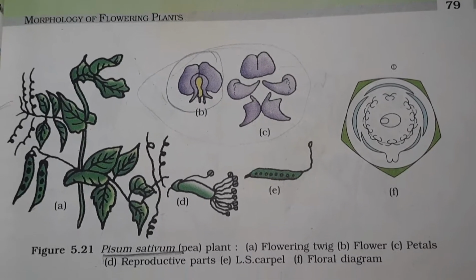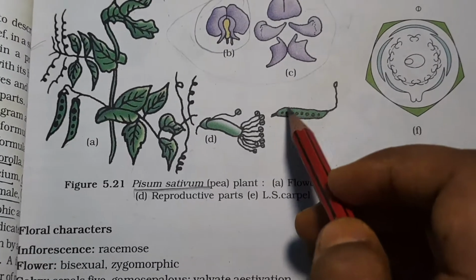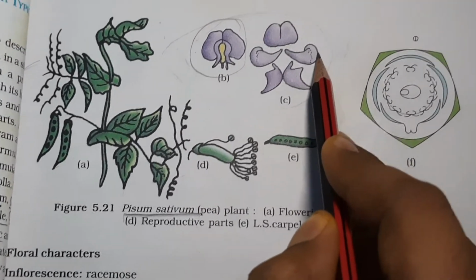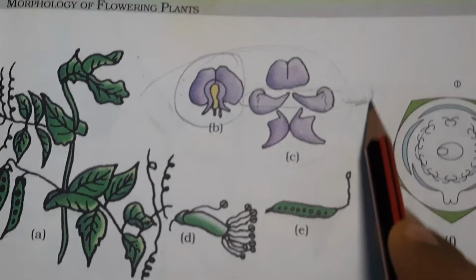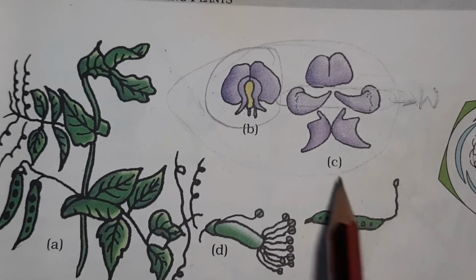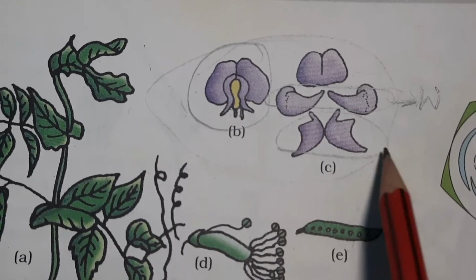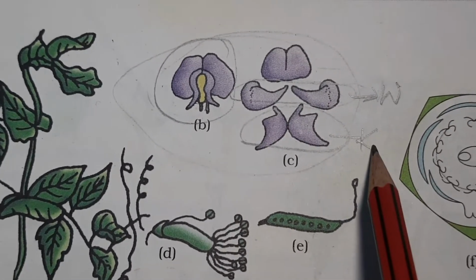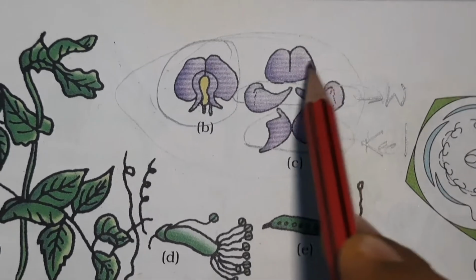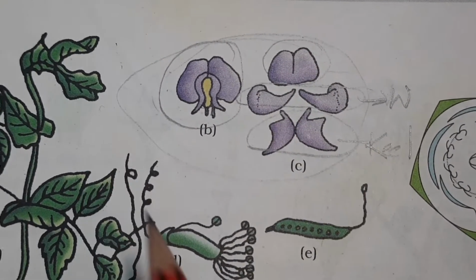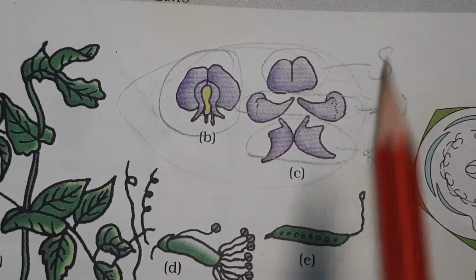So the petals which are free are called the wings. The petals which are united are called the keel. And this one single petal is called the standard.